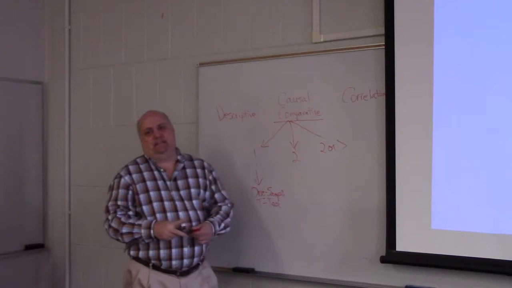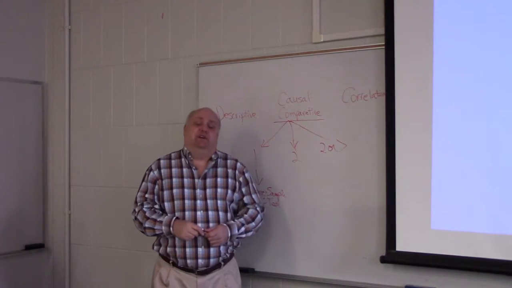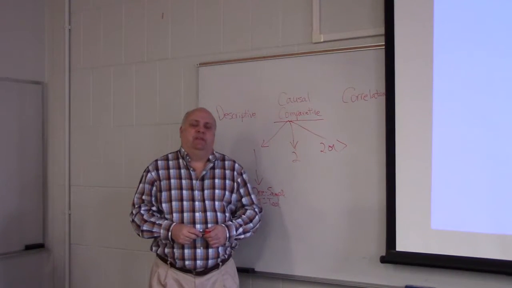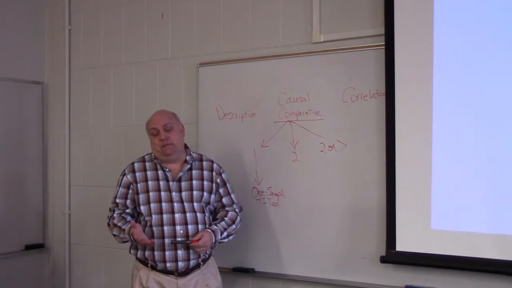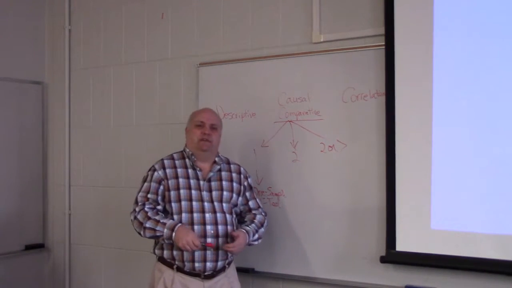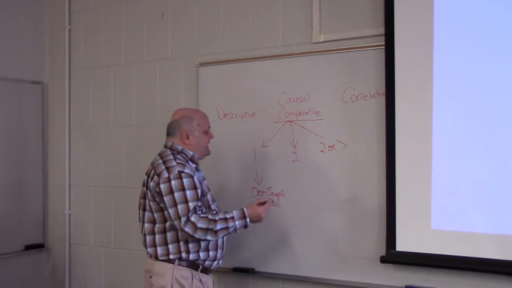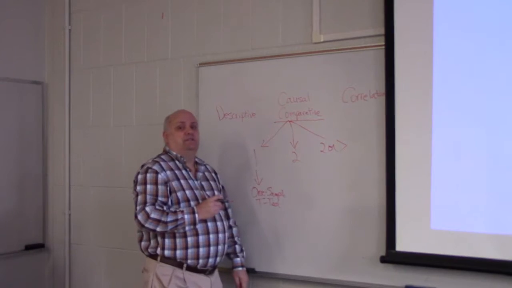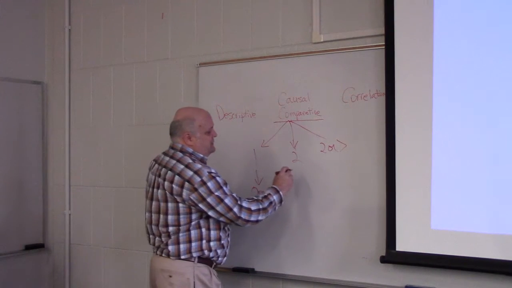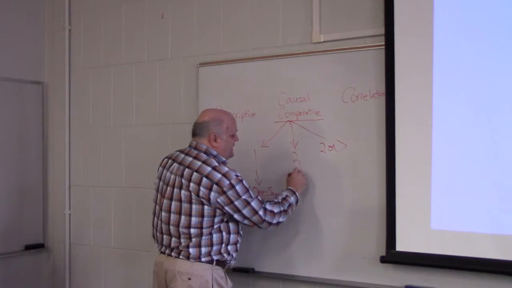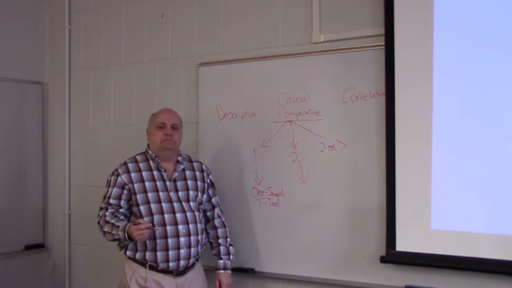In my earlier example, I said, is there a difference between the height of male and females, for example? So again, I asked myself, how many groups do I have? Well, I have two, males and females. How many variables do I have? I have one variable, height.